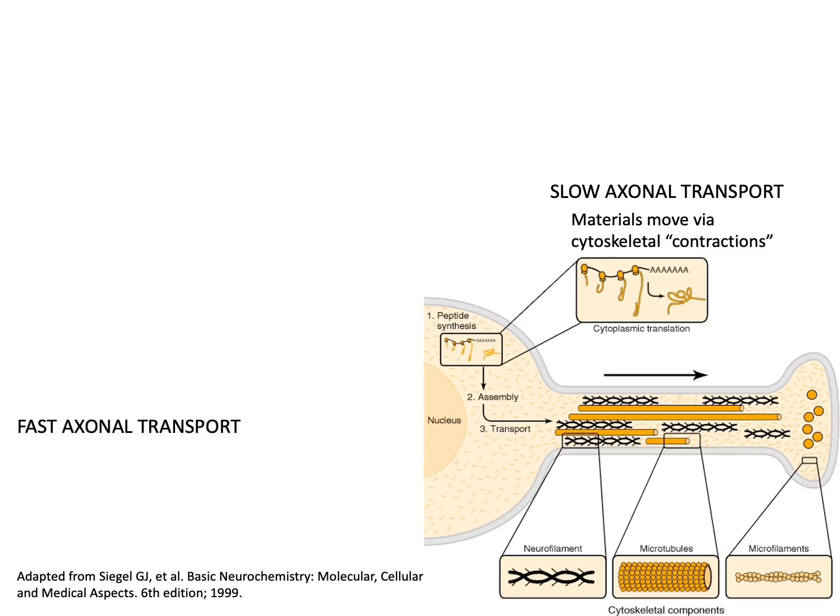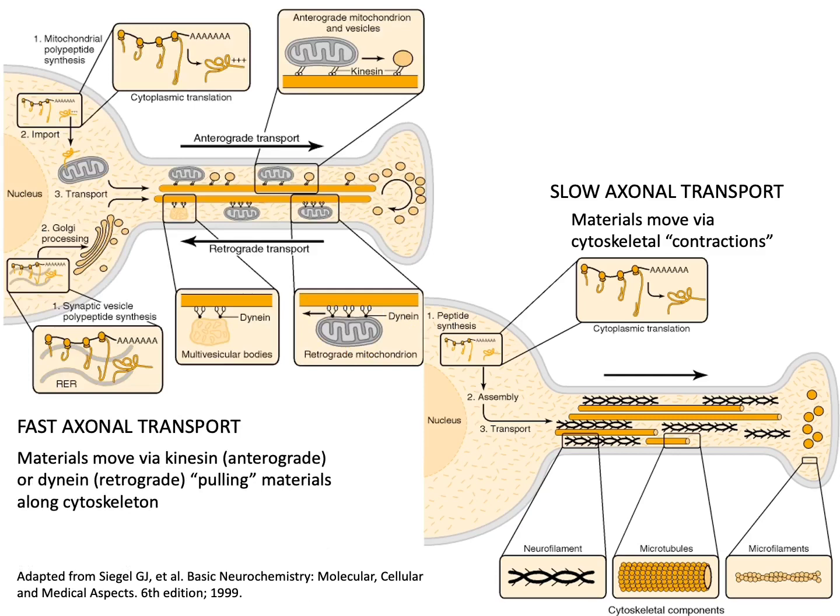In the fast passage, we're going to be moving materials via kinesin and dynein motor proteins. The kinesin and the dynein motor proteins have contractile proteins that function very similar to myosin and actin within the skeletal muscles, where they're going to be walking.